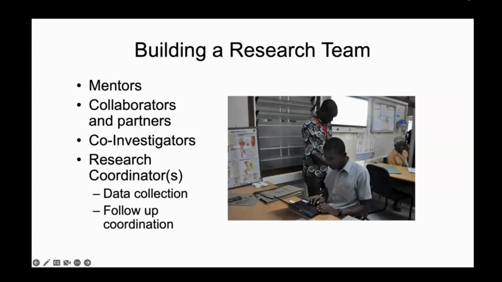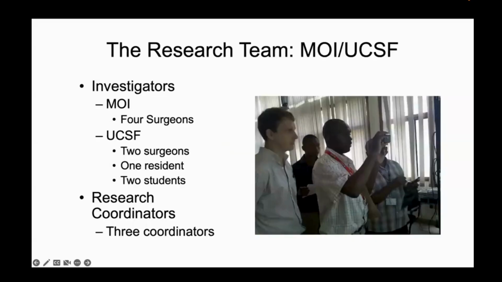This is a research team that we built at the Muhimbili Orthopedic Institute in Dar es Salaam, Tanzania. We had a group of 4 surgeons that were involved. We had 2 surgeons from UCSF, a resident, and several students that were able to spend time visiting MOI.